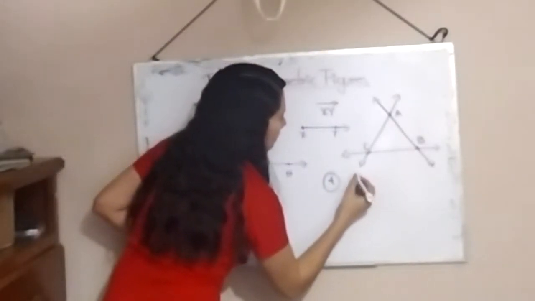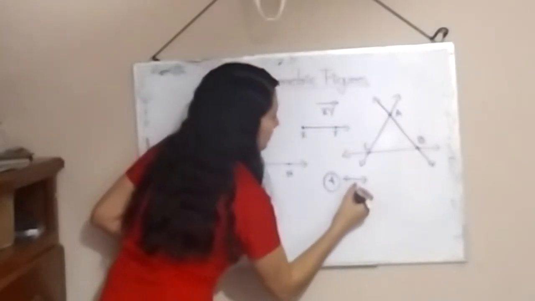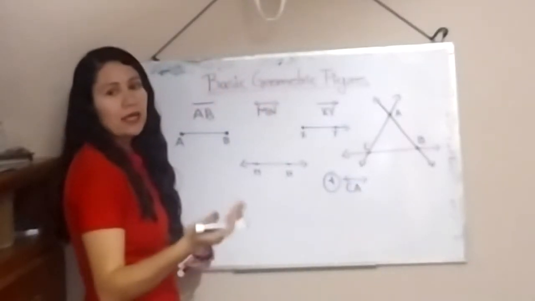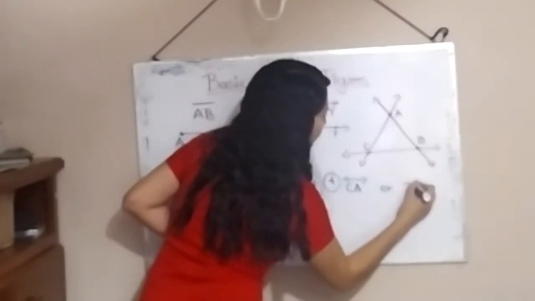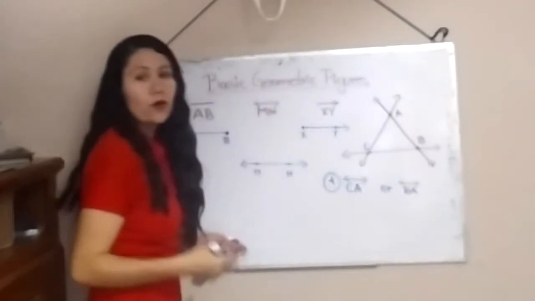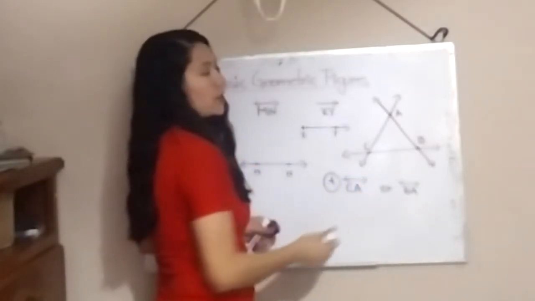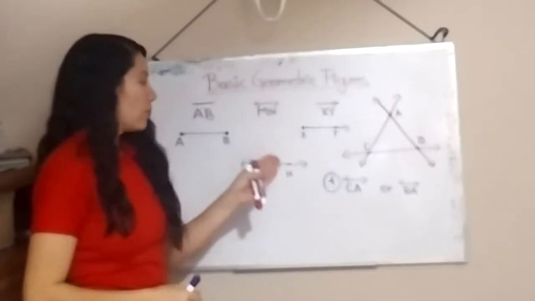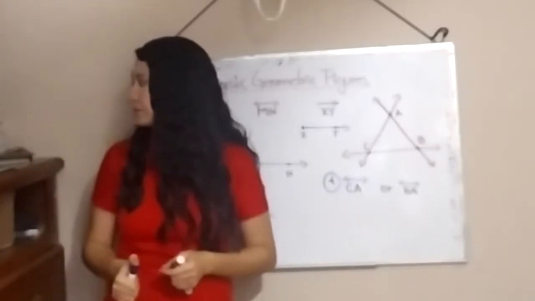And since they are lines, we are going to represent them with both arrows. And we are going to write CA. You can also write AC, it doesn't matter. Or BA or AB, it doesn't matter the order because we are making a line. Both letters go in either side, it doesn't matter.